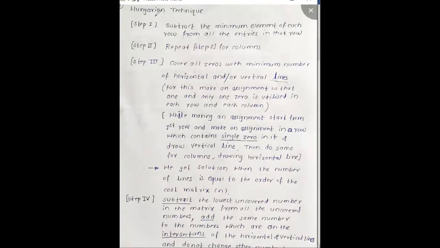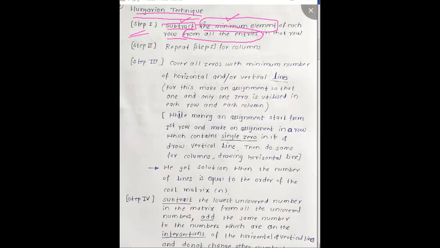Now the technique is known as the Hungarian method or Hungarian technique. Step one, subtract the minimum element of each row from all the entries in that row. So that means we begin with the first row, select the smallest element and subtract it from all the entries in the first row.